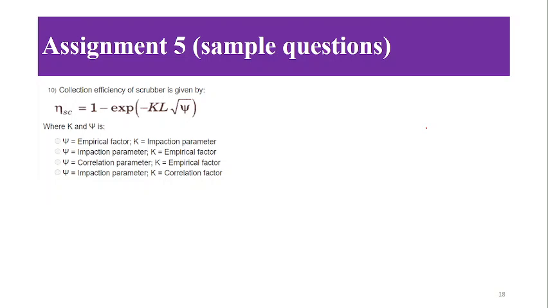We already know half the answer because psi was already discussed in previous questions. So psi will be impaction parameter, and the other one you need to know. It will be empirical factor. So the correct answer is psi is impaction parameter and K is empirical factor. So these were the questions.